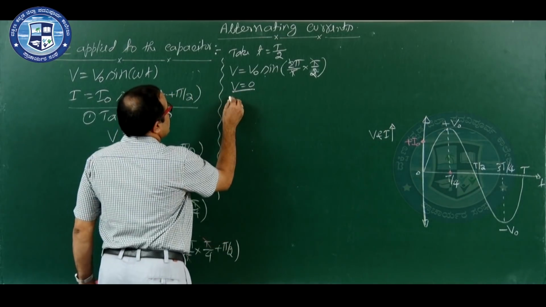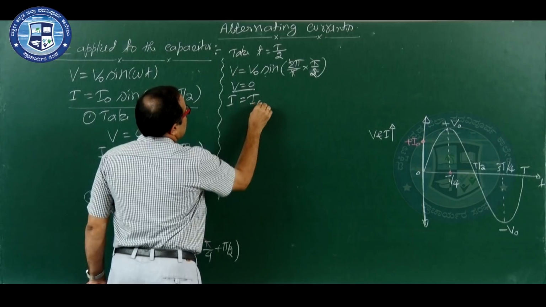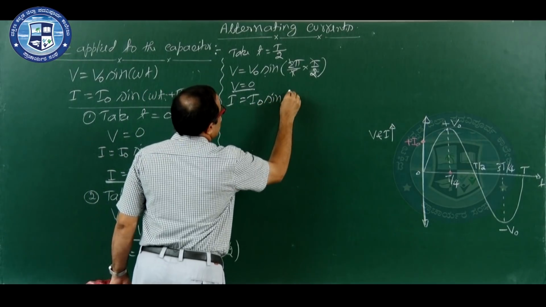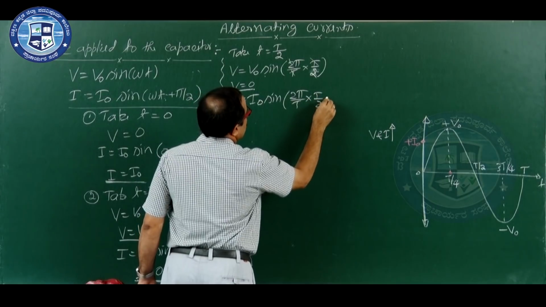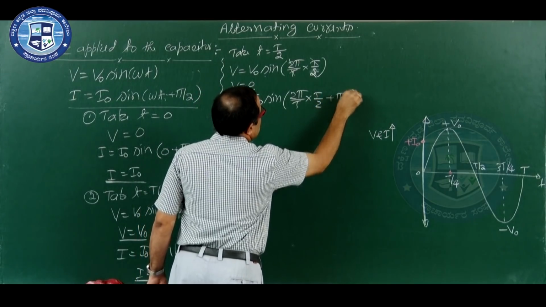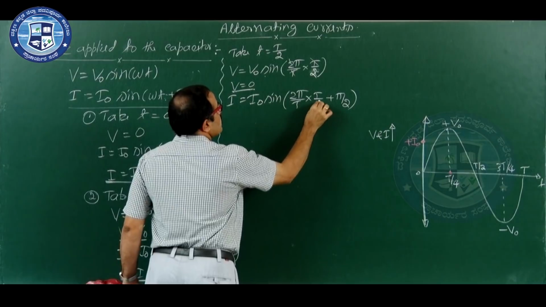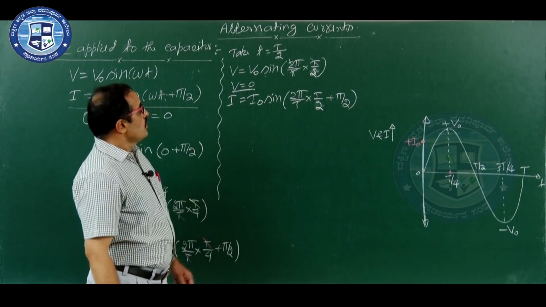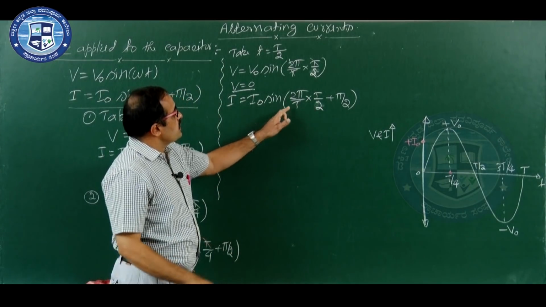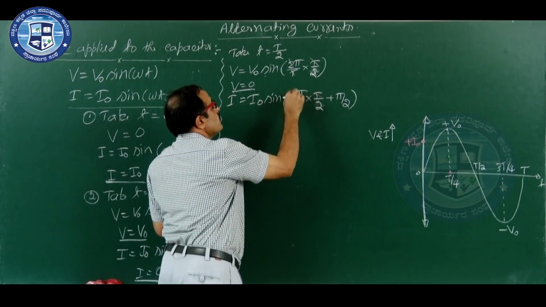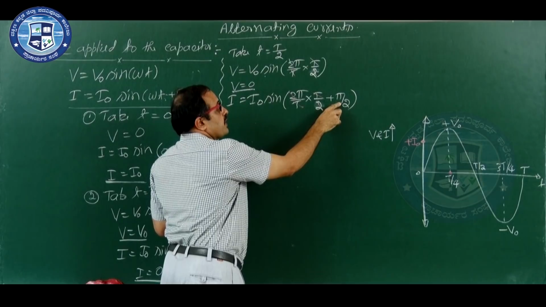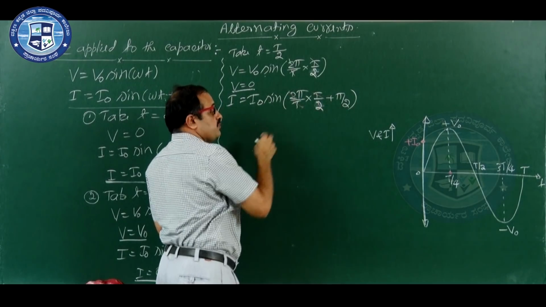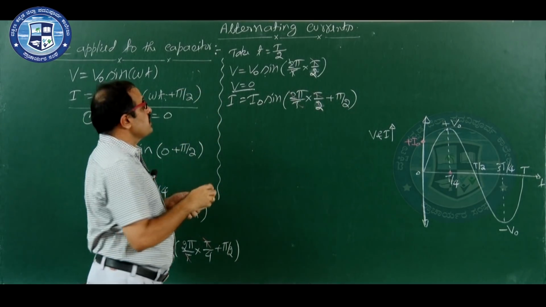What is the current? I naught sine 2 pi by T into T by 2 plus pi by 2. Now, what about this first term? T we can cancel, 2 we can cancel, it is pi, 180 degree plus pi by 2, 90 degree, means 270. Sin 270 is minus 1.